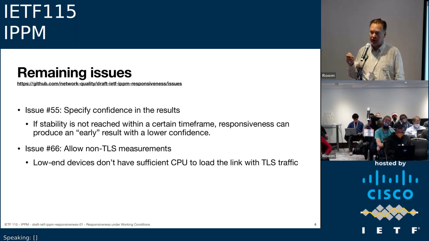The other issue: we've been talking to home gateway vendors, companies that make NAT gateways and Wi-Fi access points. And one of the really important things for diagnostics here is to narrow down where the buffer bloat is.